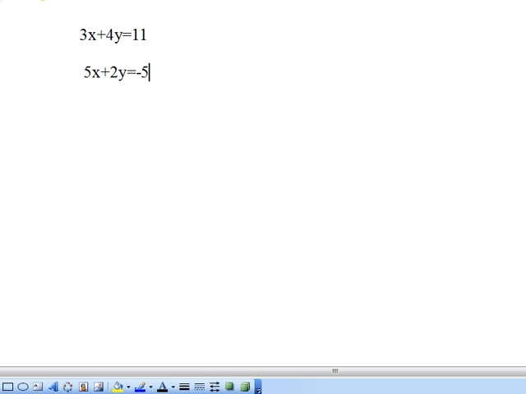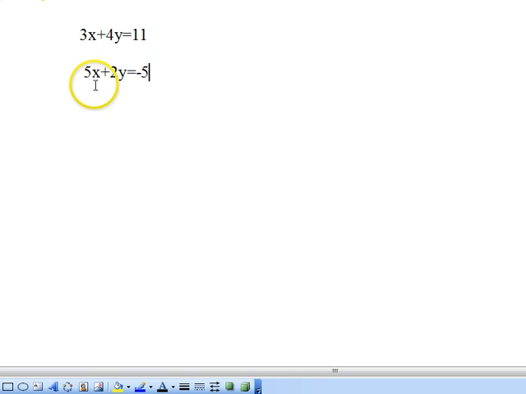So I have one example here, and in this example, as you can see, you have 3x and 5x, then you have 4y, 2y. So which variable would be better to eliminate? Well, if we eliminate the y variable, we only have to use the multiplication principle in one equation here.